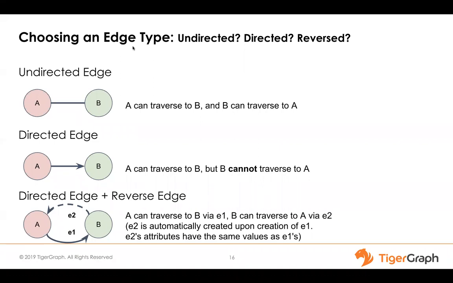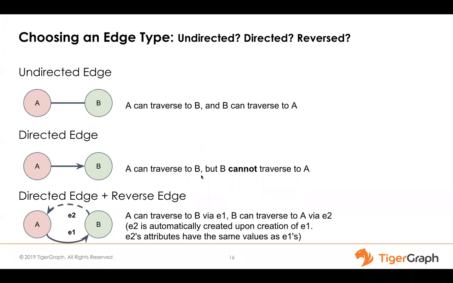For example, the undirected edge is like A can traverse to B, and B can also traverse back to A. That's an undirected edge. There's no direction, no information stored on the edge.